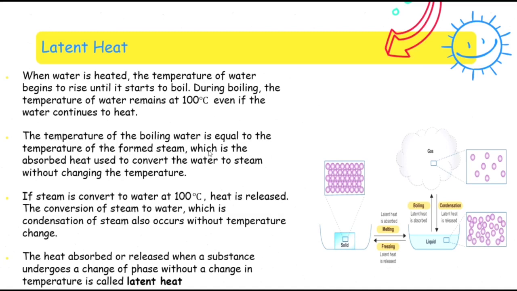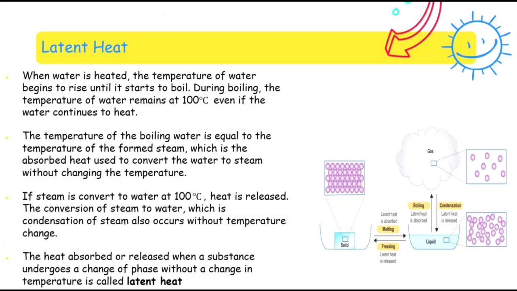If steam is converted to water at 100 Celsius, heat is released. The conversion of steam to water, which is condensation, also occurs without temperature change. The heat absorbed or released when a substance undergoes a change of state without a change in temperature is called latent heat.